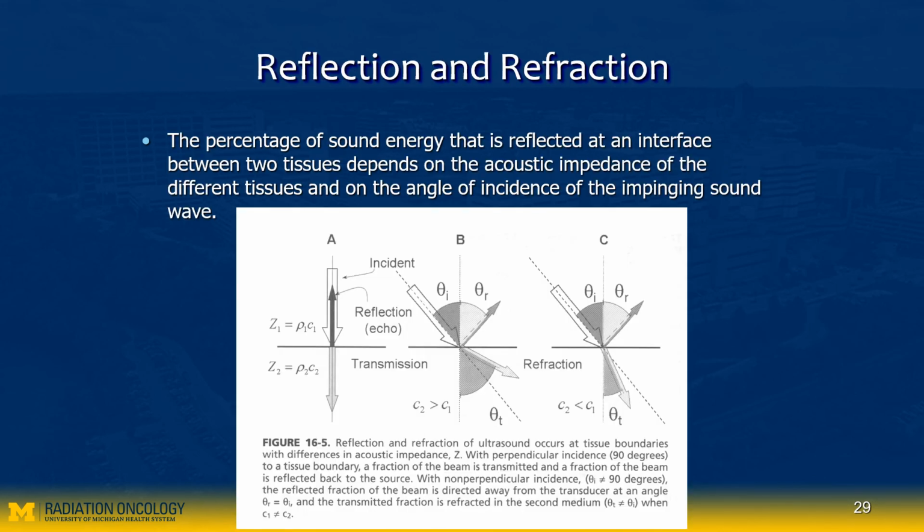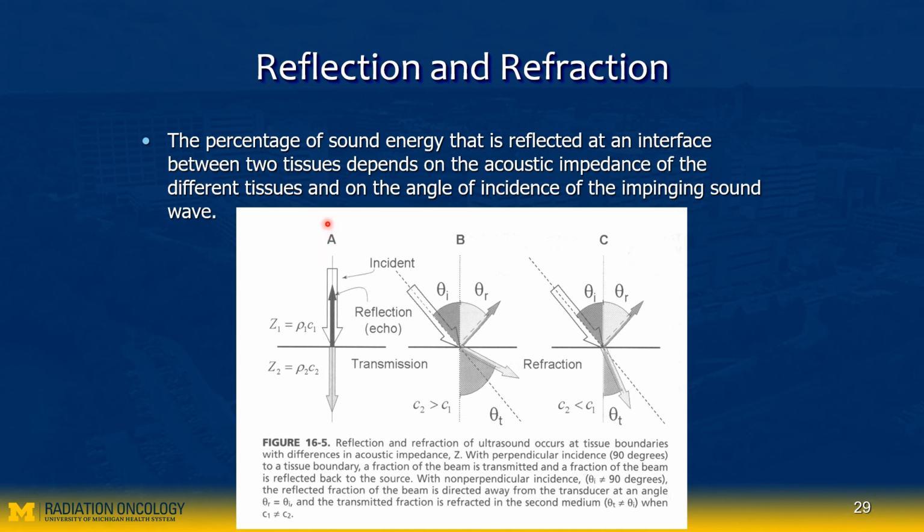All right, so why did we define that? This sounds like a complicated term, acoustic impedance, because we want to quantify how much of the sound will be reflected or refracted. Let me explain this.